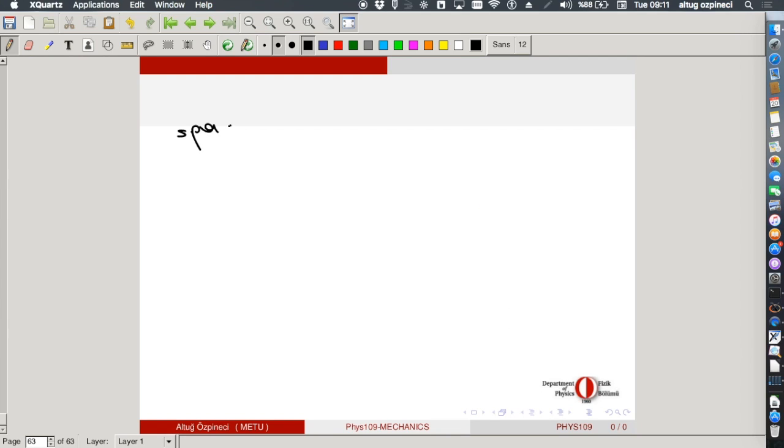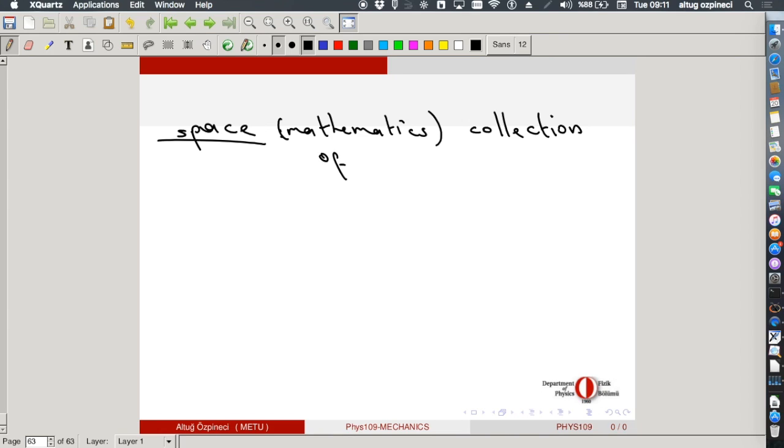Whenever we call space, we will usually mean, in the mathematical sense, a collection of vectors. If you have a collection of vectors, and you can add and subtract and multiply them by numbers, etc., that's what we call space.